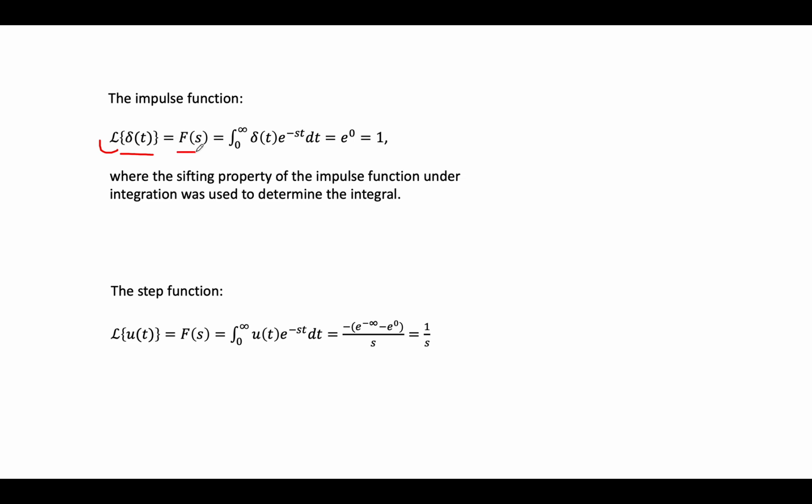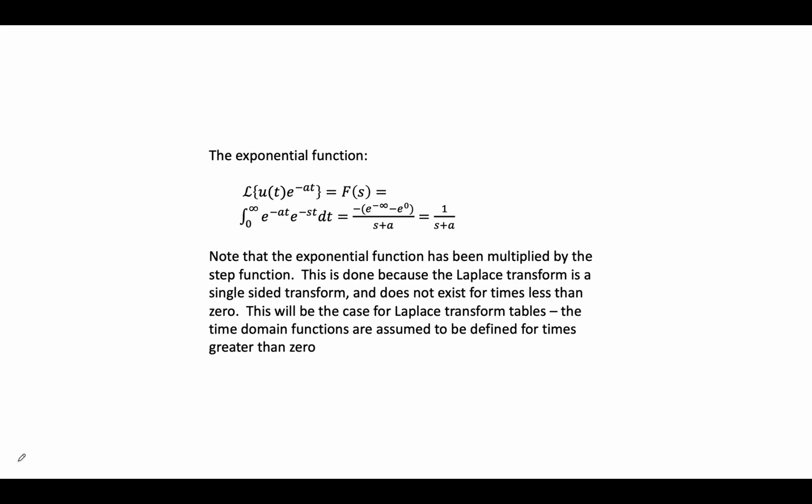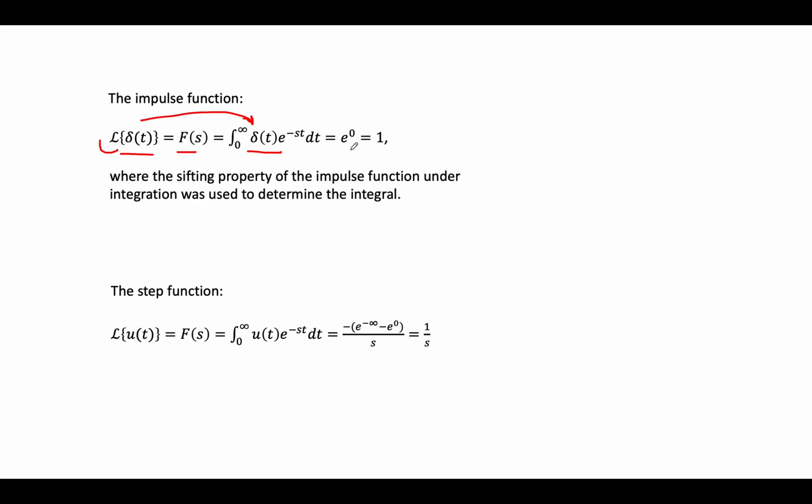It's going to give us a function of s. We take whatever's in the brackets, which in this case is the impulse function, plug that into the integral, and then applying the shifting theorem of the impulse function, this integral is going to be e to the minus st evaluated where t is equal to 0. So we have e to the 0, which is equal to 1.